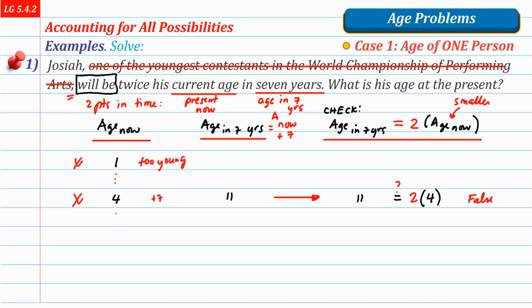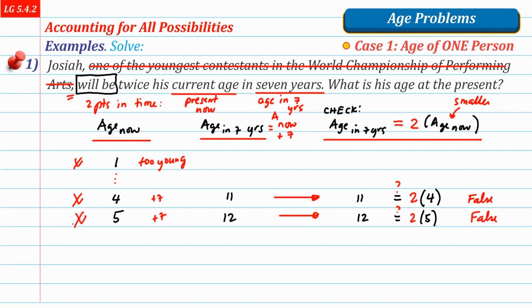Okay, next is 5. Kung 5 siya, plus 7. Okay, it's what? 5 plus 7, it's 12. Okay, fine. Age in 7 years, it's 12. 12, is it equal to twice ng 5? Again, it's false.